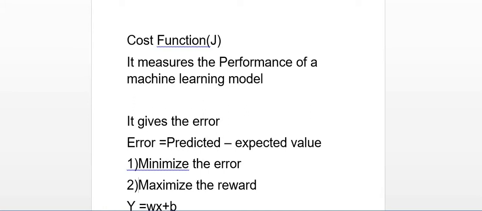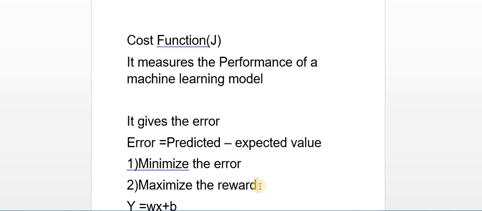We know the machine learning models are used for prediction, so the difference between the predicted value and the expected value should be as low as possible. So the cost function, denoted by the letter J, is used to minimize the error and maximize the reward. This we usually understand when we talk about reinforcement learning.